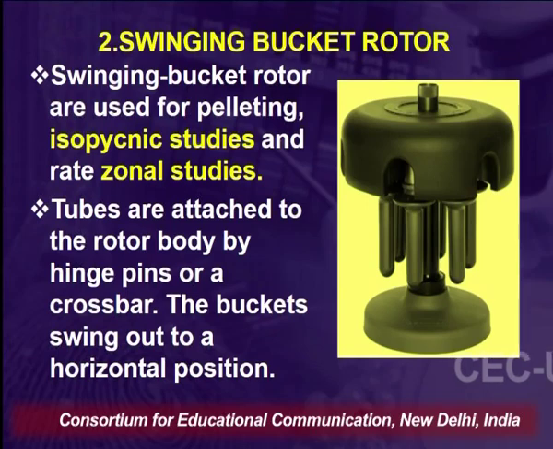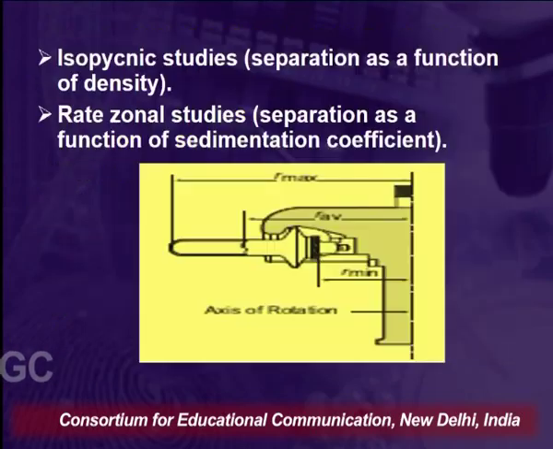The buckets swing out to a horizontal position. So, when isopycnic studies are done, the swinging bucket goes up to 90 degrees, and on the basis of sedimentation there can be different zones where the particles are sedimented.